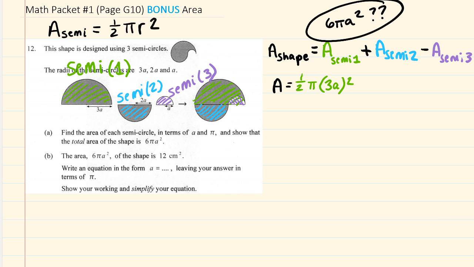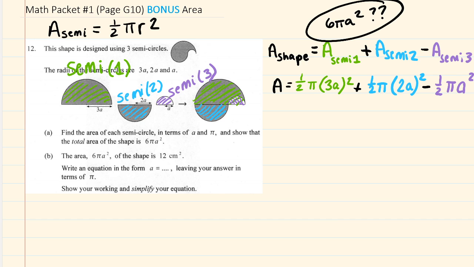Plus the blue one is 1/2 pi, 2a. That's the radius. 2a squared. Minus 1/2 pi. Here our radius is just a, squared. So that's our formula right there.